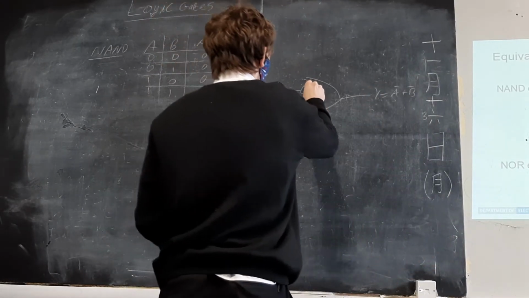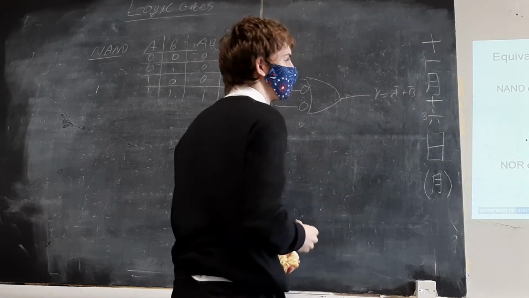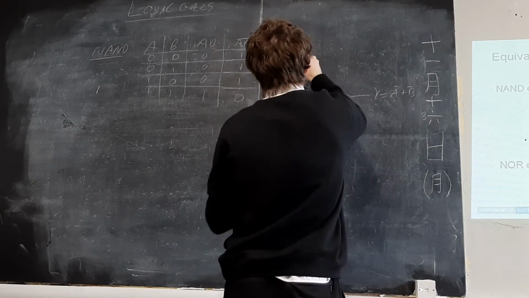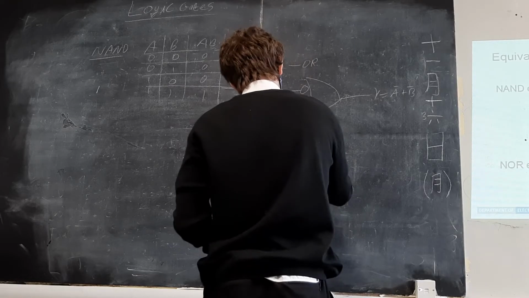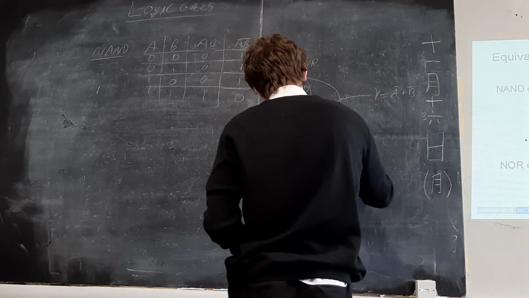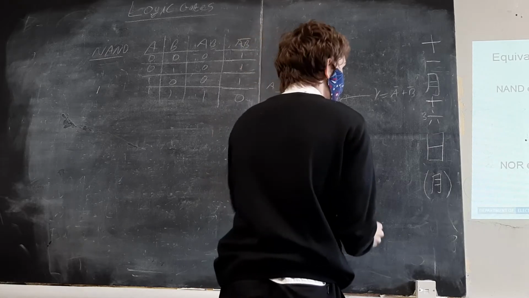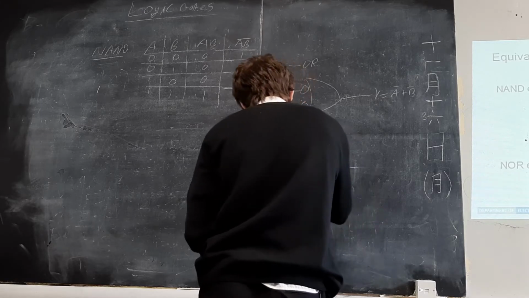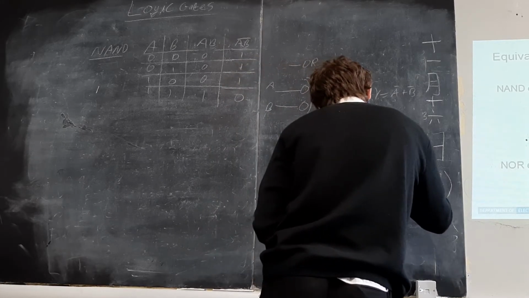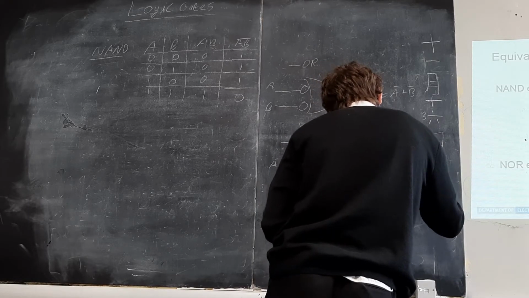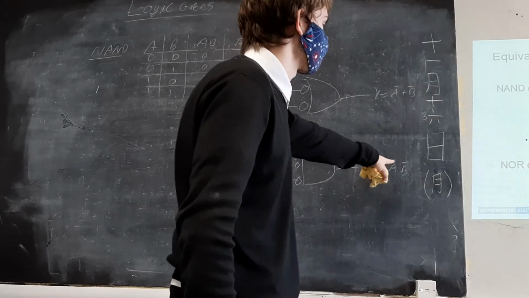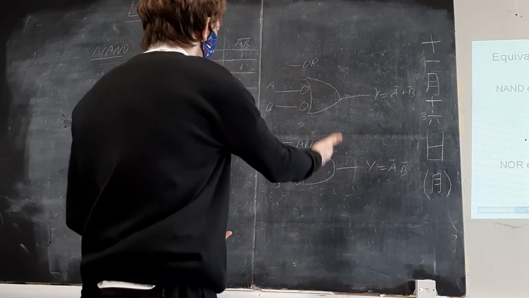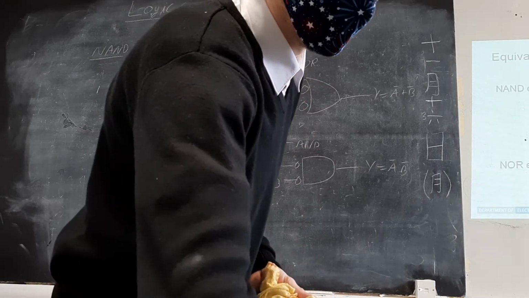And this is when you have the inverters before, so you have not A or not B. And then you also have negative AND, which is equal to A, B, not A and not B. You have to be careful that these lines don't conjoin, because then it becomes NAND, and that's when you negate the output, not the inputs.